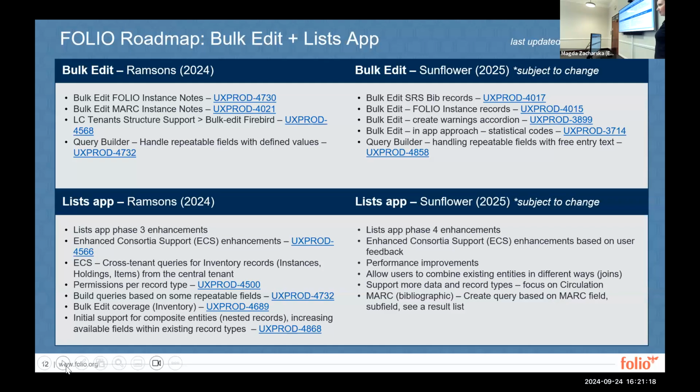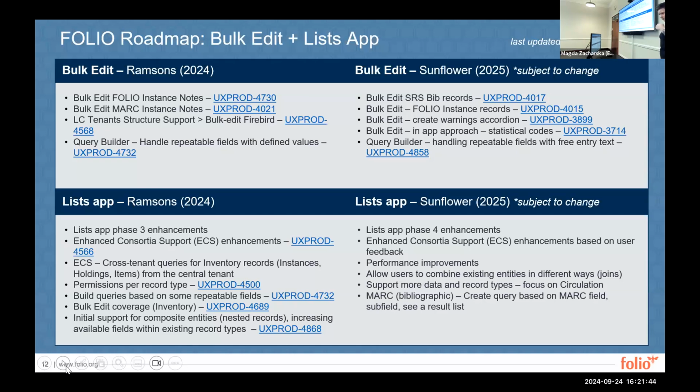We do not support it for any other record type as of the Ramsons release. We've also added the ability to set permissions per record type in the app. And those are based on permissions that a user would typically have for their other workflows. That way you can more closely control who has access to what data.